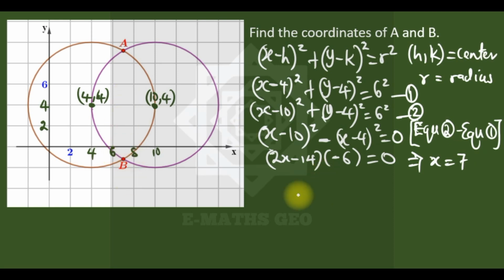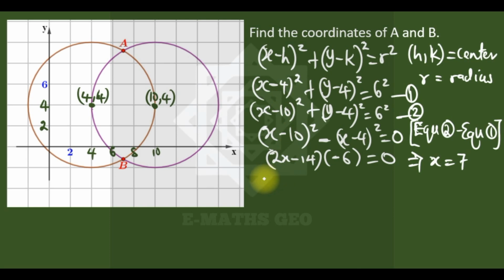For us to get the y coordinates, as you can see, the x coordinate of A and B will be 7. How do we do it? Choose any of the equations, either 1 or 2, and substitute the value of x as 7. Let's use the first one because it has a lower value.